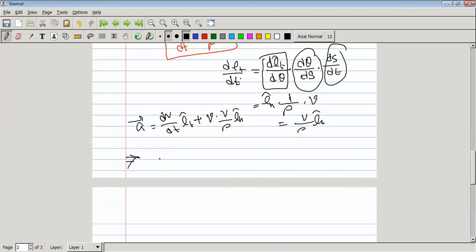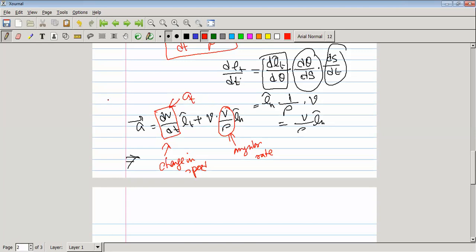One is the change in speed, and another component is the angular rate, this v by rho, the angular rate change.